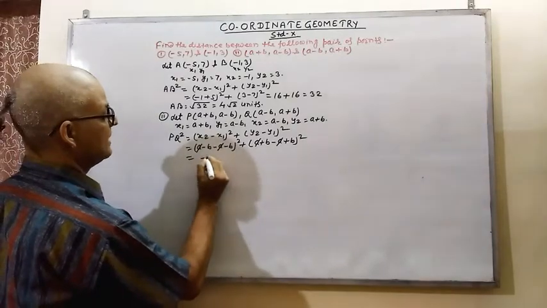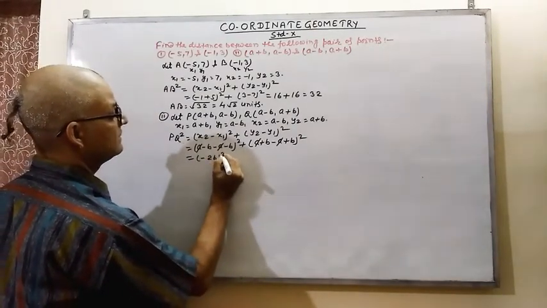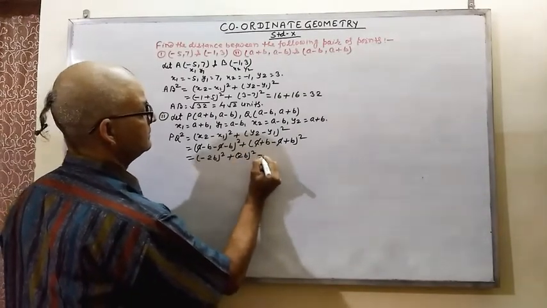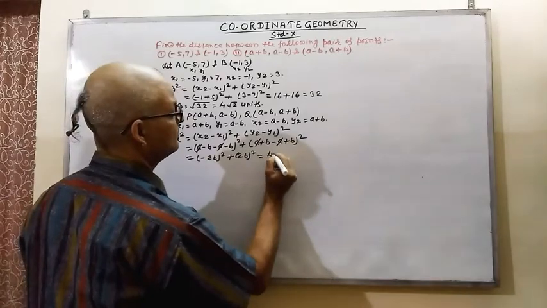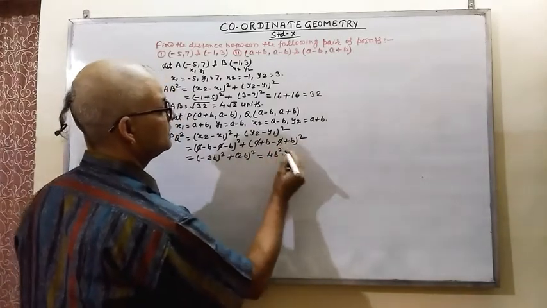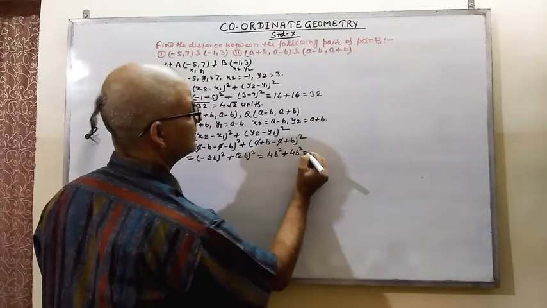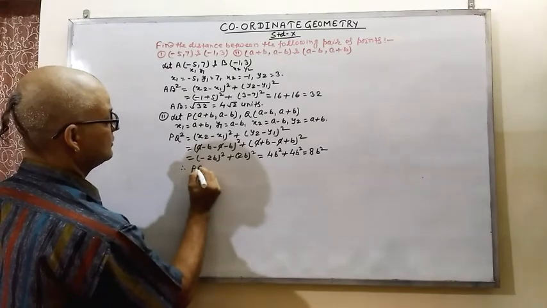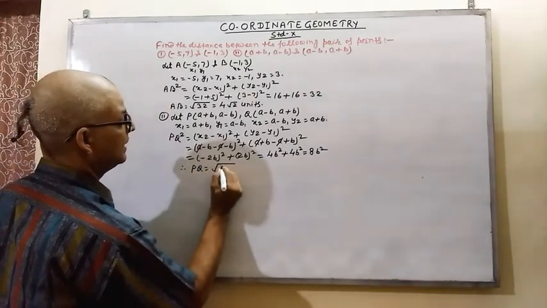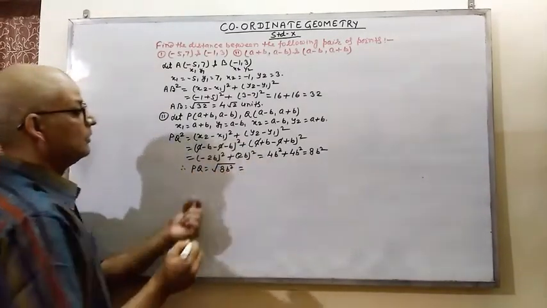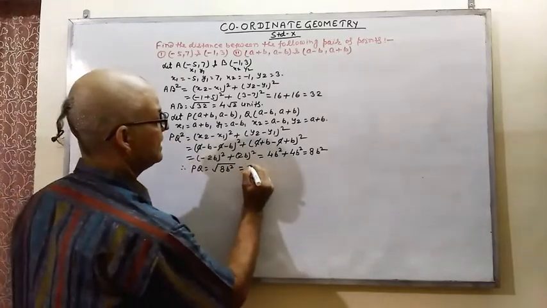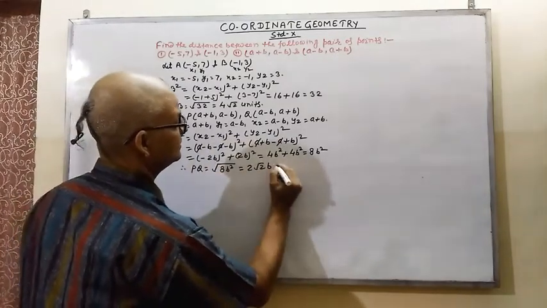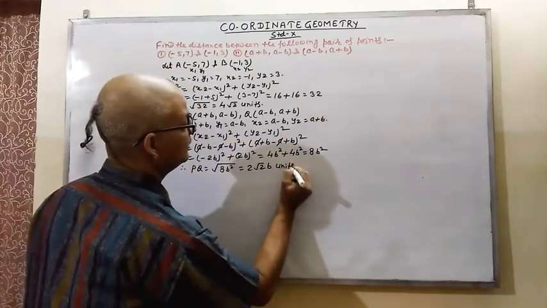Minus b minus b is minus 2b whole square plus b plus b is 2b whole square. So minus 2b whole square is 4b square, 2b whole square is 4b square, that is 8b square. Therefore PQ is equal to root under 8b square. Now root under 8 can be written as 2 root 2, and the square root of b square is b. So 2 root 2 b units.